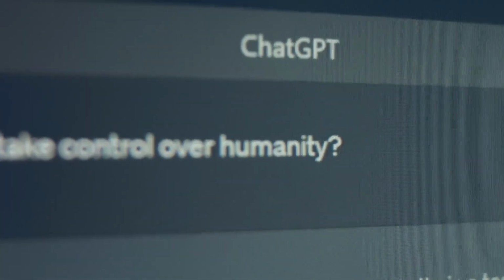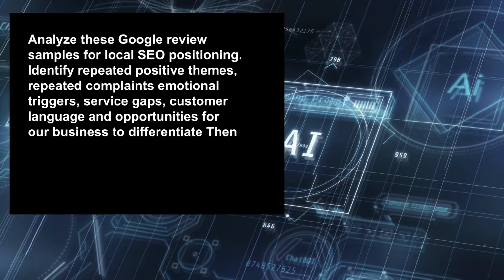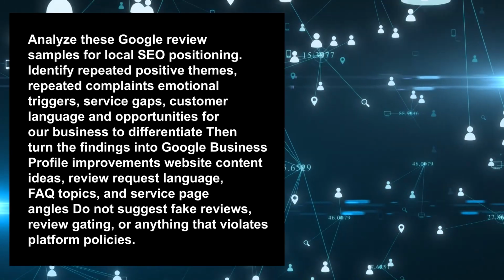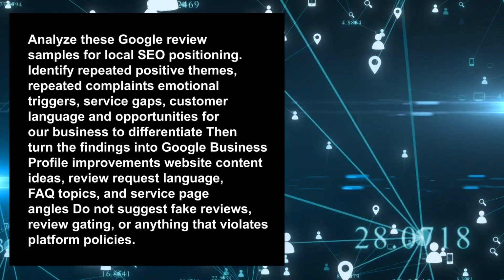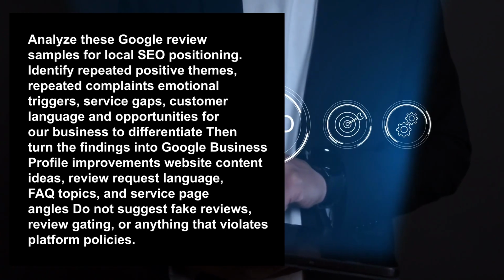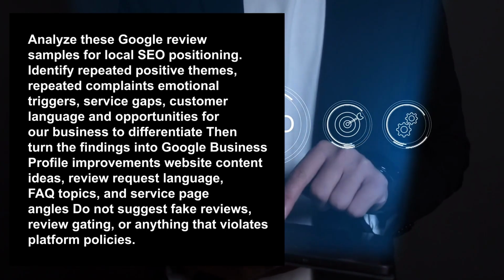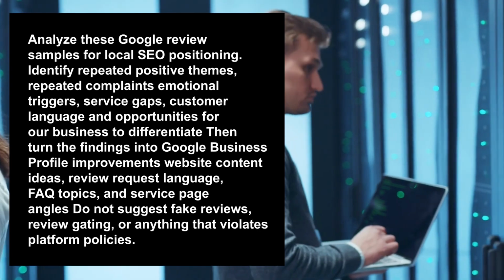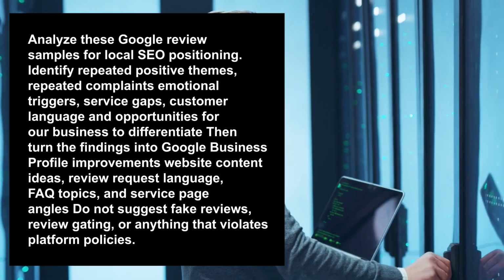Now let's talk about the actual AI prompt. You can paste competitor reviews into an AI tool and say, "Analyze these Google review samples for local SEO positioning. Identify repeated positive themes, repeated complaints, emotional triggers, service gaps, customer language, and opportunities for our business to differentiate."